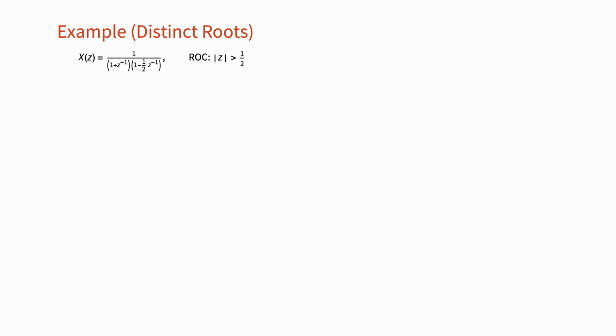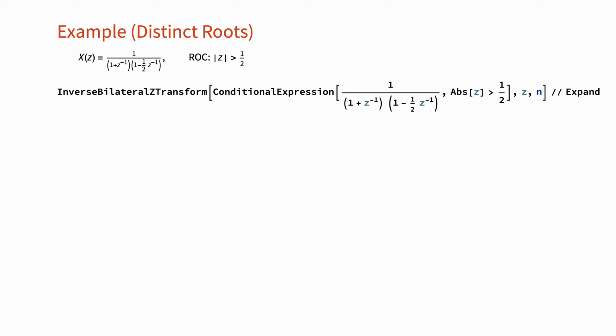As an example, given the proper rational function shown here for the Z-transform of a sequence and the region of convergence as indicated here, let's use the method of partial fraction expansion to find the sequence x[n]. First, let's find the inverse Z-transform using the Wolfram Language.